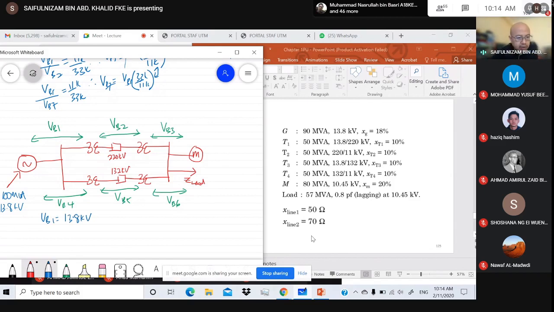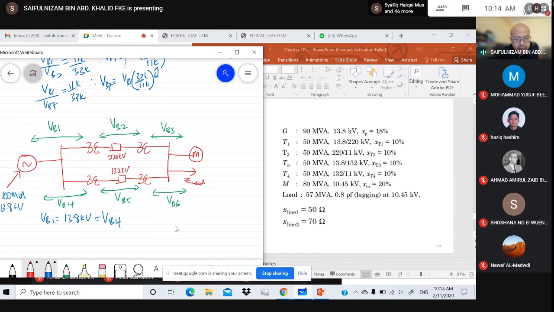So this is the zone of VB1, from the generator to the primary of the transformer T1, or the LV side. VB4 is also the same. So this is our new base voltage. VB1 equal to VB4. We start from the generator.